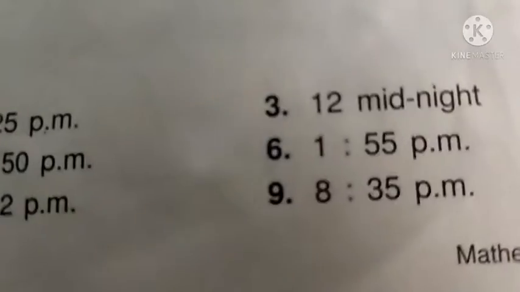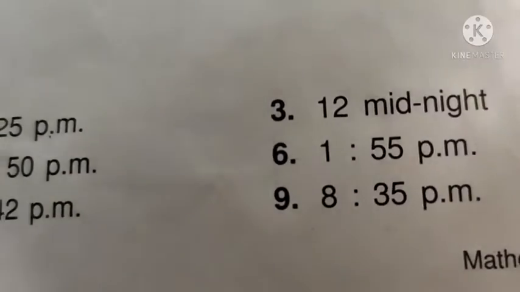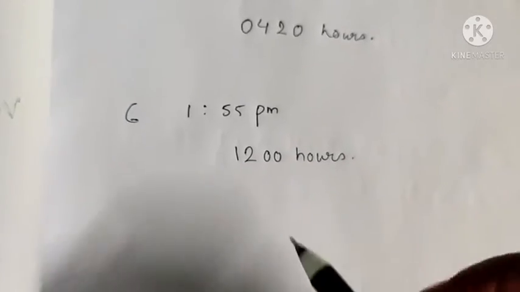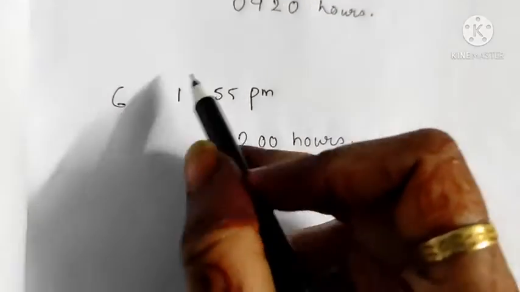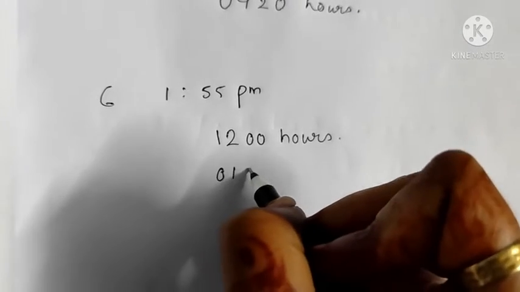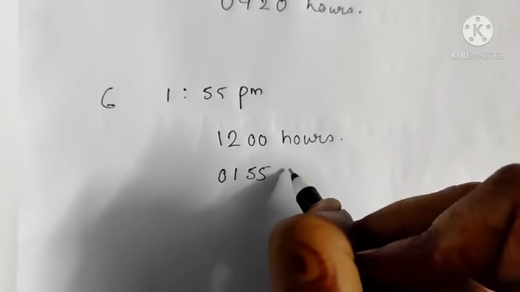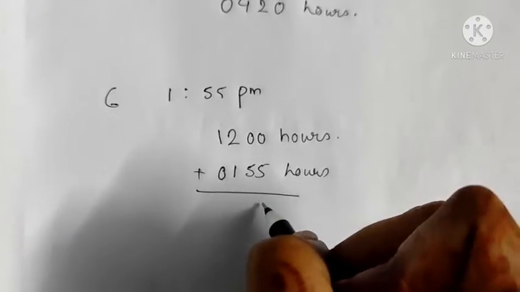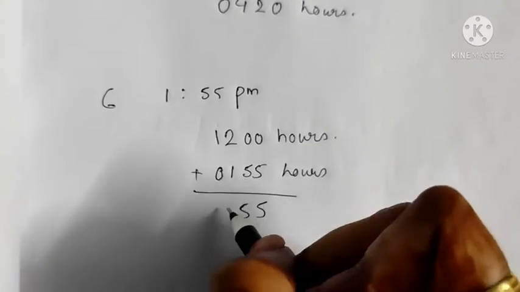Now let's do number 6. 1:55 p.m. So here we add 12 hours, then change this 1:55 p.m. to 24-hour clock time. So here we change this, then we add this 5.